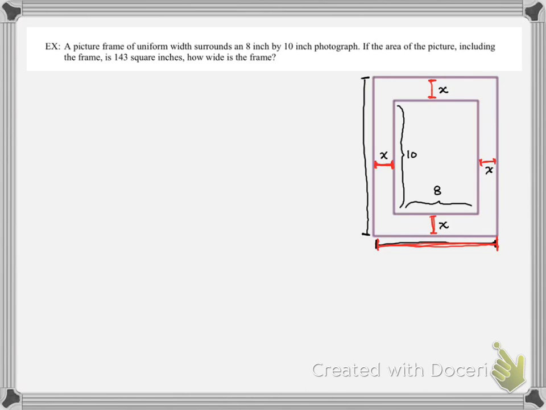Yeah, so we know that from here to here, it's 8, and then each of these is X. So that entire distance is going to be 2x plus 8. And then what about the height of that whole thing? 2x plus 10. Yep.